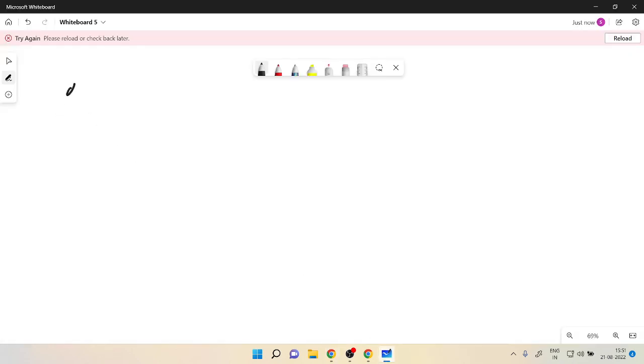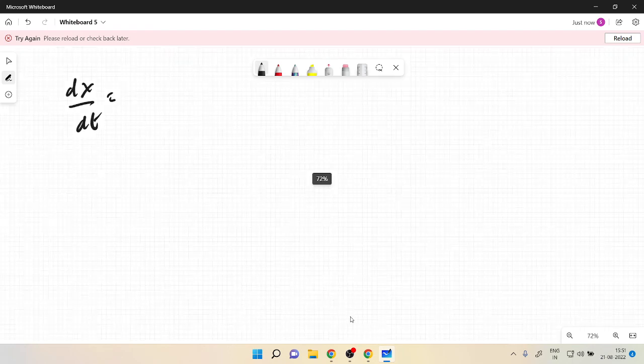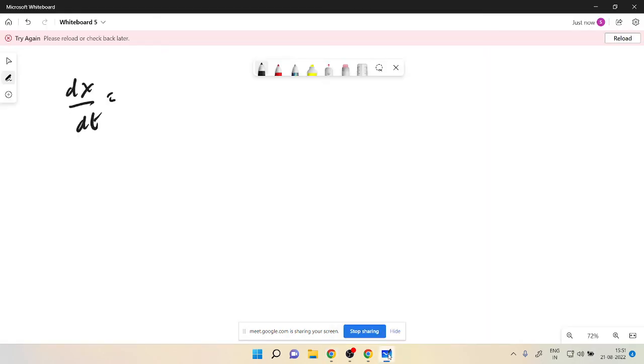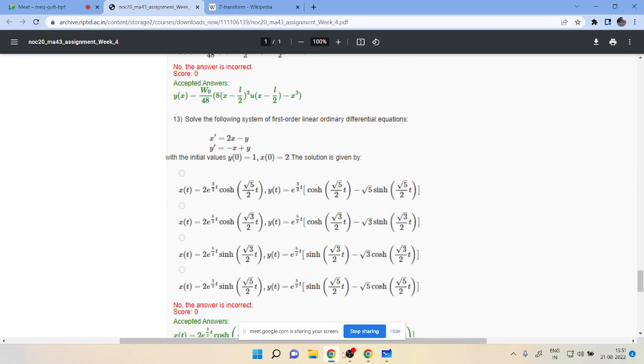System of ODEs: dx by dt is equal to 2x of t minus y of t, and dy by dt equals minus x plus y.